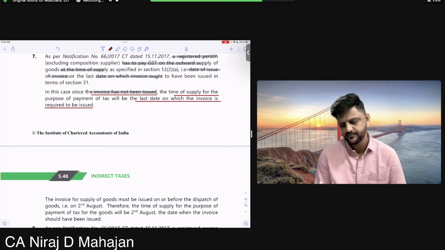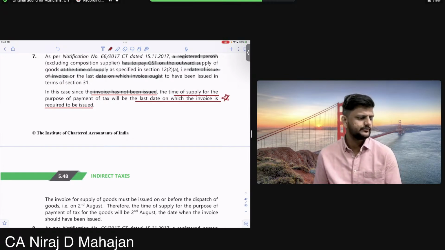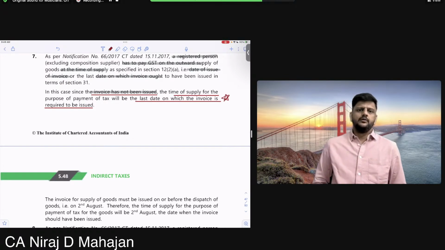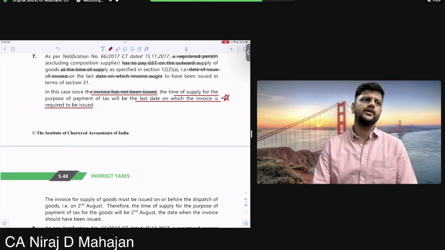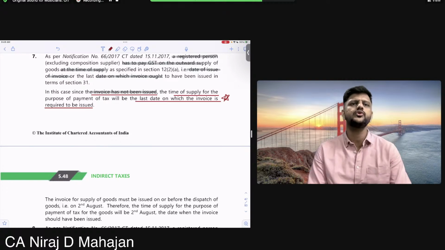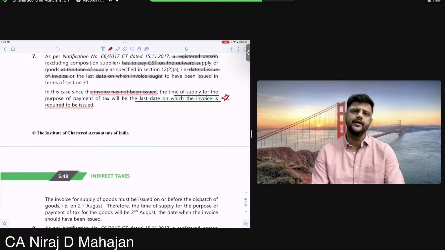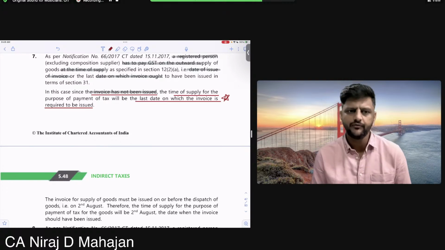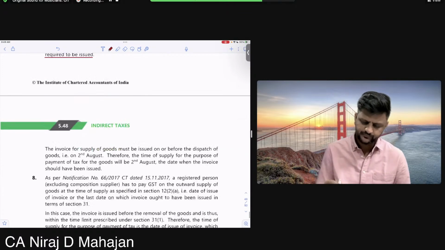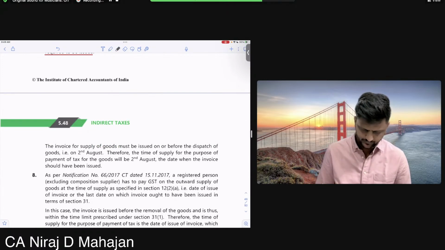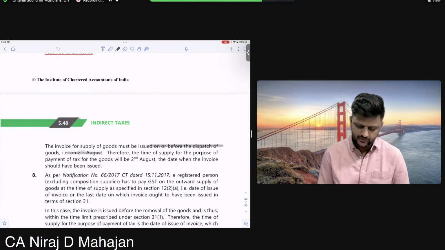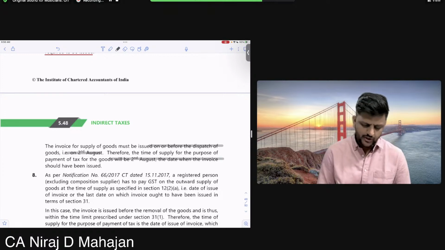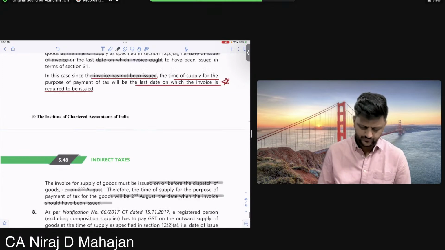Underline this, star mark this. Yes, Celia? What will be the time of supply? Invoice date or invoice due date, right? Invoice is not issued, so invoice due date. And what is the invoice due date? On or before removal of goods. Right, children? Good. So 2nd August. The time of supply, children, for this purpose will also be taken as 2nd August. That is the date when the invoice should have been issued. Fine till here?